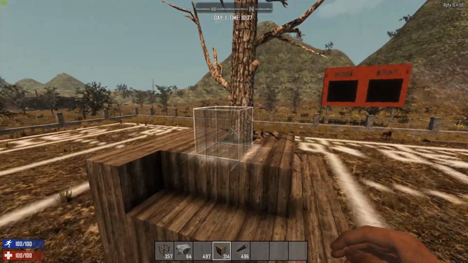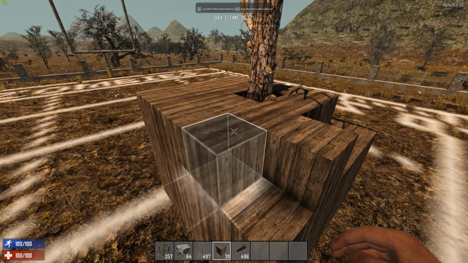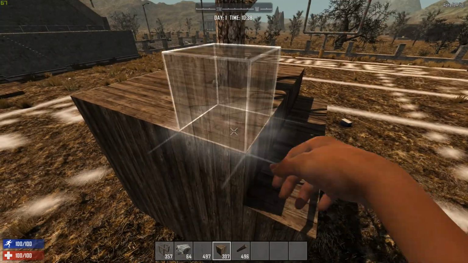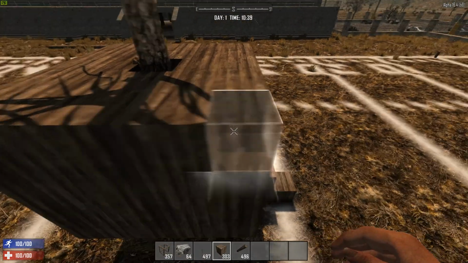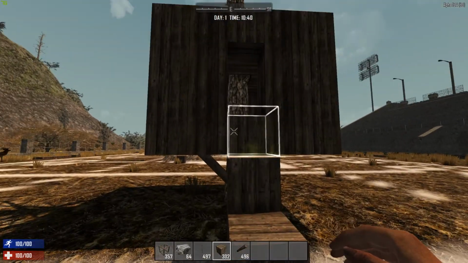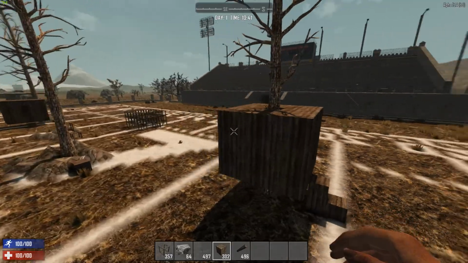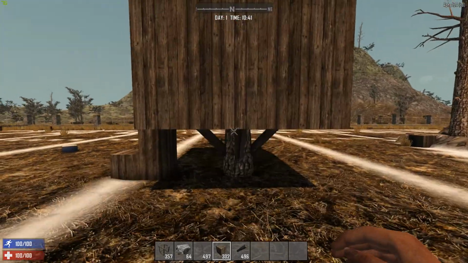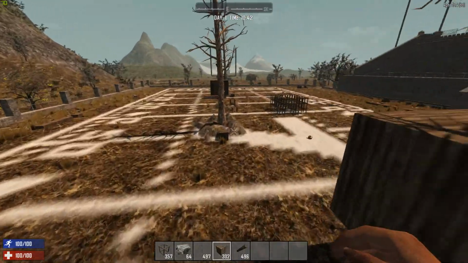Now this roof, because it's supported by the tree, can have as many blocks as the floor should have. So I can place it all the way around. Okay, that works, but if I try to make it 3 high, it would not work. So despite using these supports, I really cannot do much more.